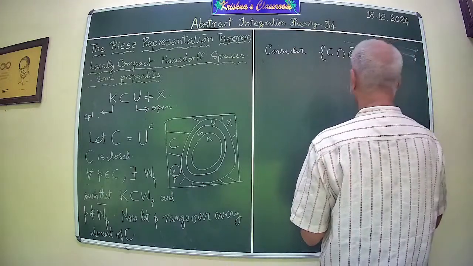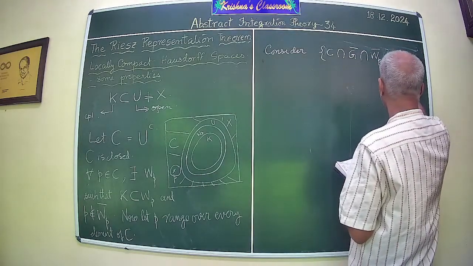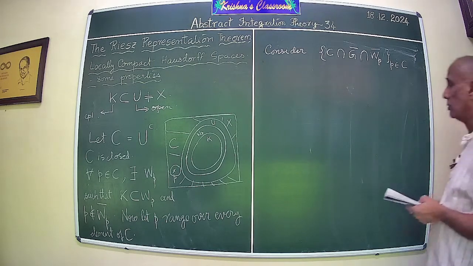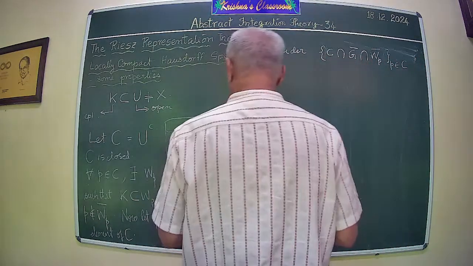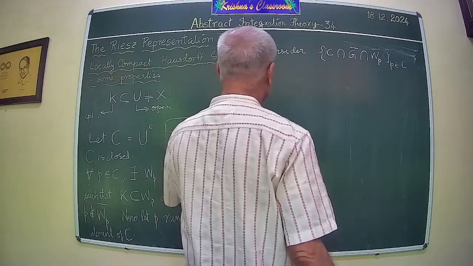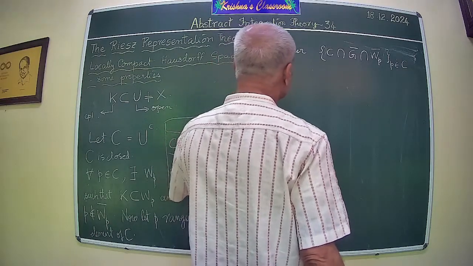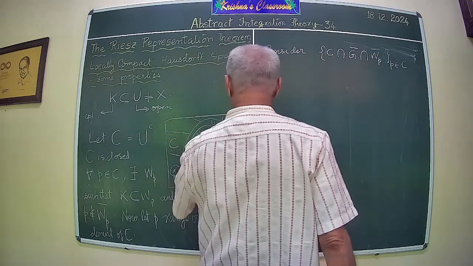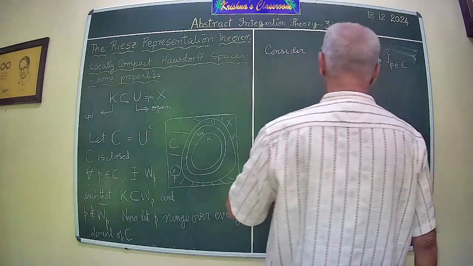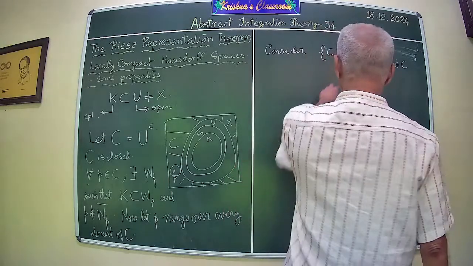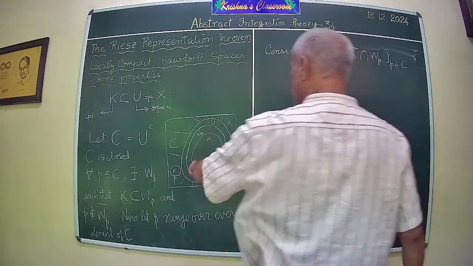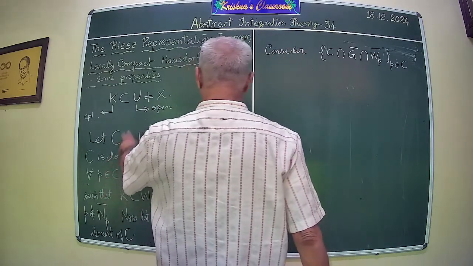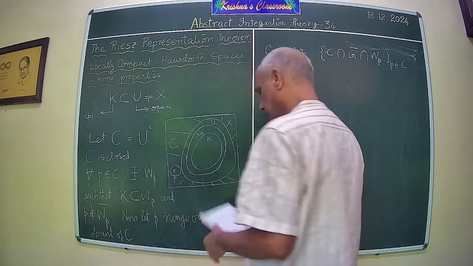So we take p belonging to C. What you are taking is the closure of W_p and the intersection of C with it. And you take G closure, which is the covering that we have already built for K, right?